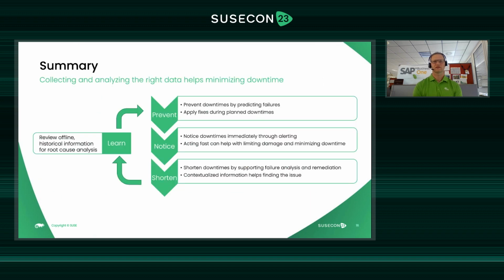Next thing is, if something happens, to get notified that something happened: systems crashing, services not available, a certificate no longer valid and expired, and so on. So getting notified quite early helps to reduce downtime and inform the right people in the first place.